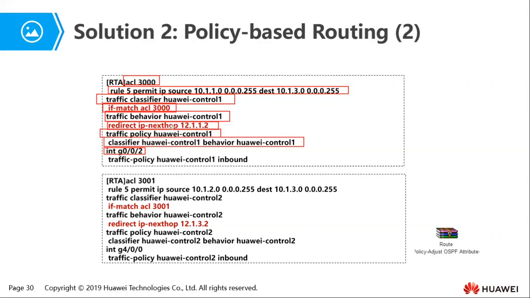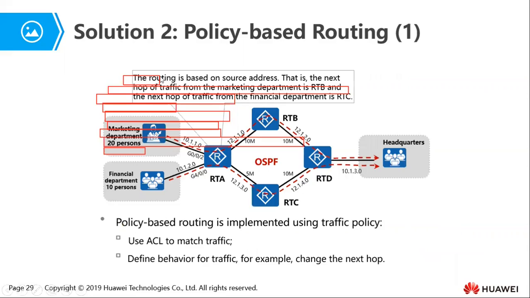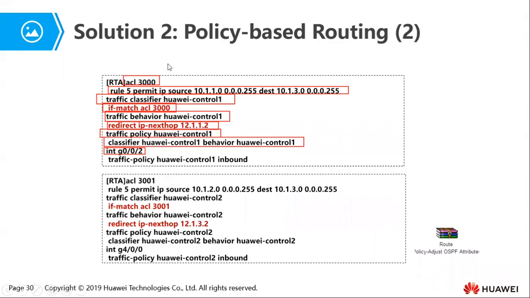So let's look at where G0/0/2 is on RTA. G0/0/2 is here, and it's the one that is interconnecting the marketing department. So we apply that traffic policy that we've just created there.